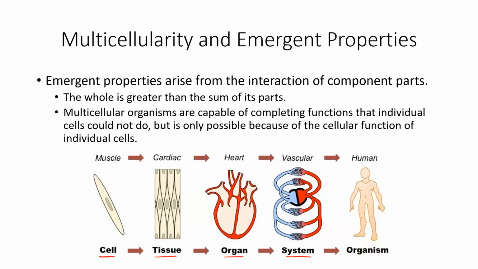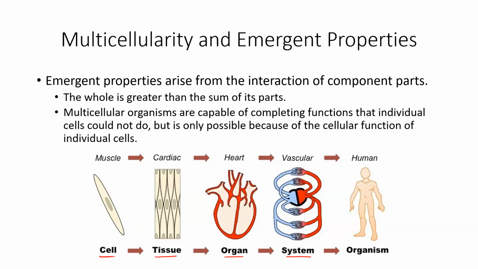When you put cells together with similar cells, you produce a tissue which is capable of producing functions that the individual cell cannot do. And as you go further into this complexity, each of these steps can complete a more intense, more complex functioning than the previous step, but it can only do those complex steps because they are made of individual components of the previous step.